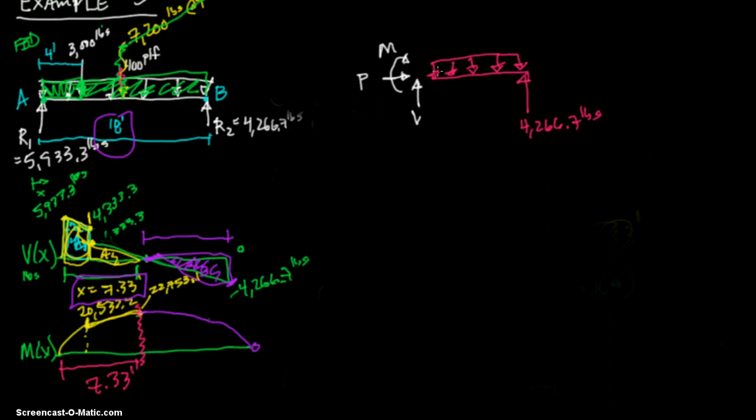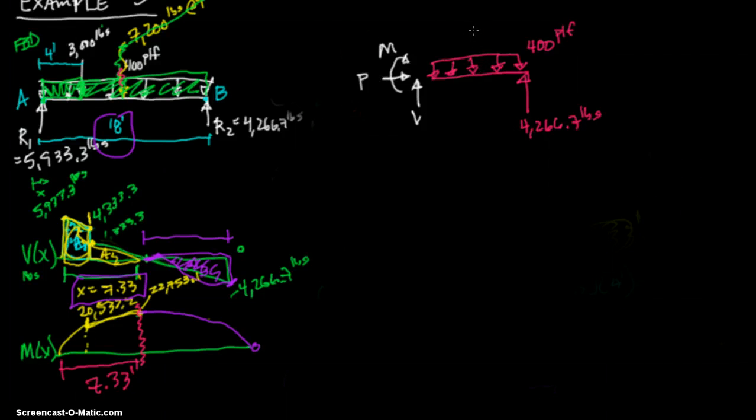I always put the P going in. I always make the V going up, and I always make the moment doing a smiley face, which, whatever you prefer, it really doesn't matter. There may be a better way to do it, but I'm not going to go over that right now. 400 PLF.